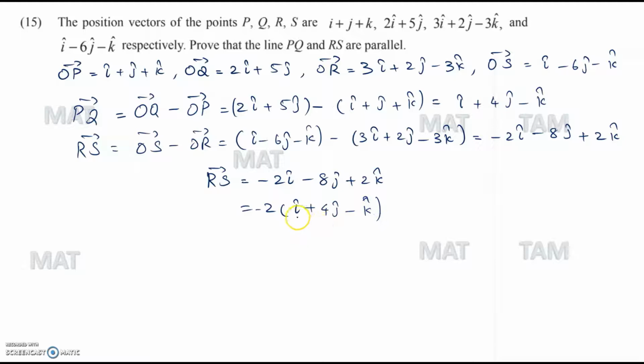And you can see that i cap plus 4j cap minus k cap is nothing but our PQ vector. So that is equal to minus 2 PQ vector. So RS vector is equal to minus 2 PQ vector. Therefore, RS and PQ are parallel.